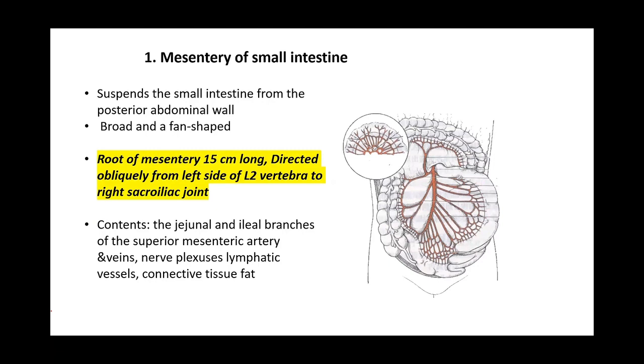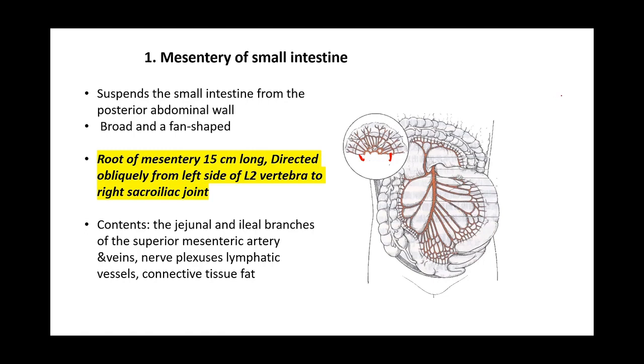Now, the mesentery of the small bowel, you should know that it suspends the small intestine from the posterior abdominal wall, and it is broad and fan-shaped. It is fan shape. You can see at the root, it is more limited than at the outer margin. So it is fan shape. The root of the mesentery is 15 centimeters long, and it is directed obliquely from the left of the L2 vertebra to the right.